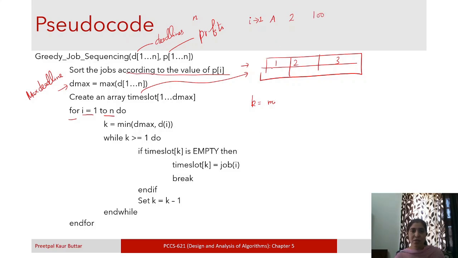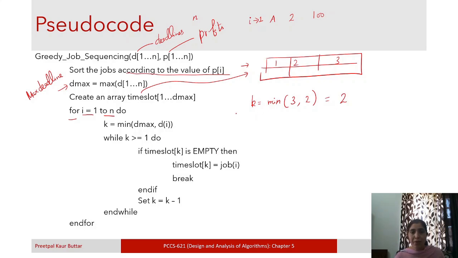So this was the scenario. Now K is min of D max and DI. D max is 3, that is the maximum deadline, and DI is the deadline of this job. So K is equal to 2.